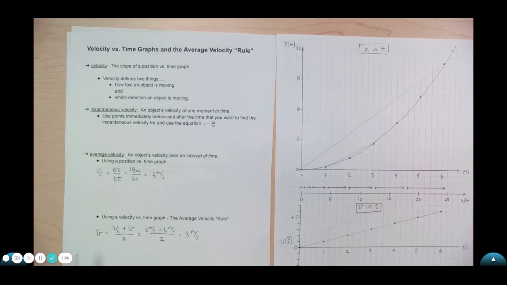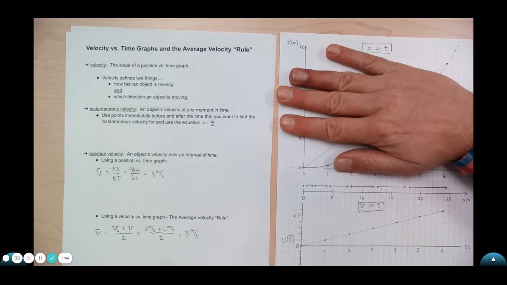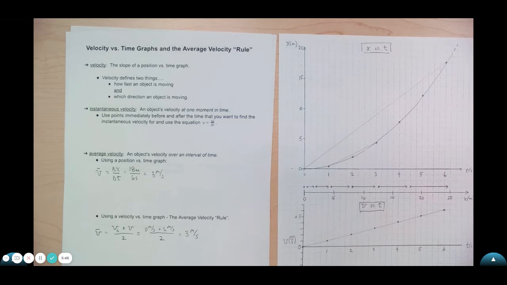So I have two ways now of thinking about average velocity. One that relates displacement and time, and one that relates initial and final velocity. And they can be used sort of interchangeably. If I only had this velocity versus time graph, it would be really easy to figure out how far the thing went.